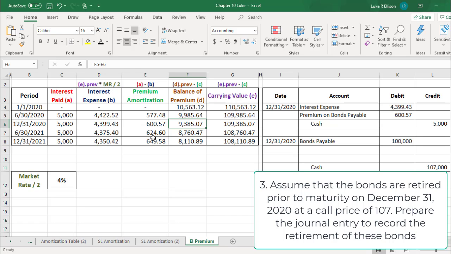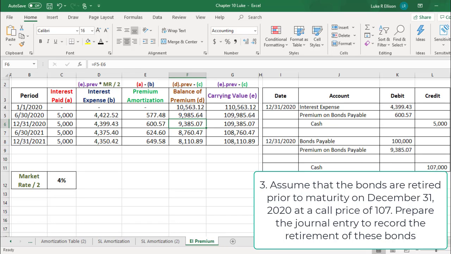So since that's related to the bond and we are calling the bonds or getting rid of the bonds, we're also going to have to close that account. And that account is the same one we used in the last journal entry. It's going to be the premium on bonds payable for $9,385.07. Again, getting that right here from the table.